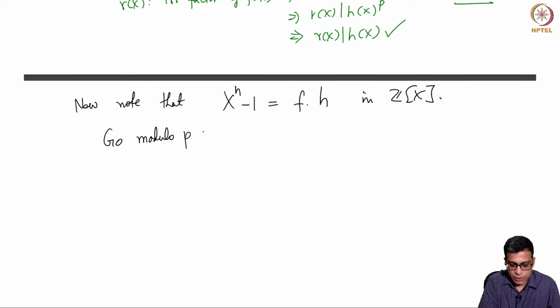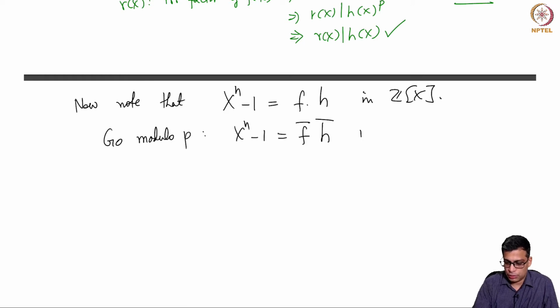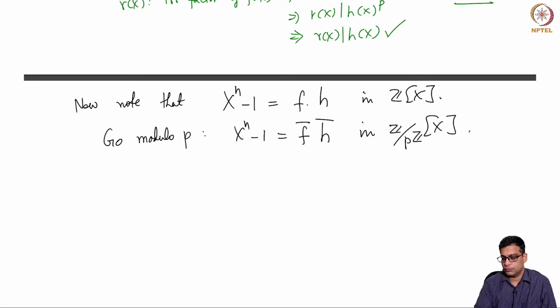In other words, take the images of these 3 polynomials in Z mod pZ[x]. Because the modulo p map is a homomorphism, what you have is the image of this, which I don't want to write with x bar, I'll just write x^n minus 1 is f bar h bar in Z mod pZ[x], right?